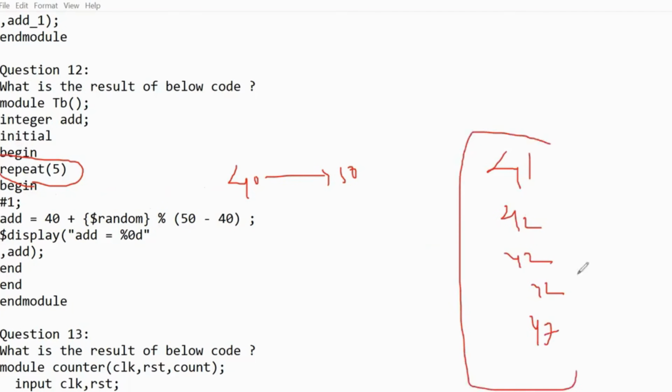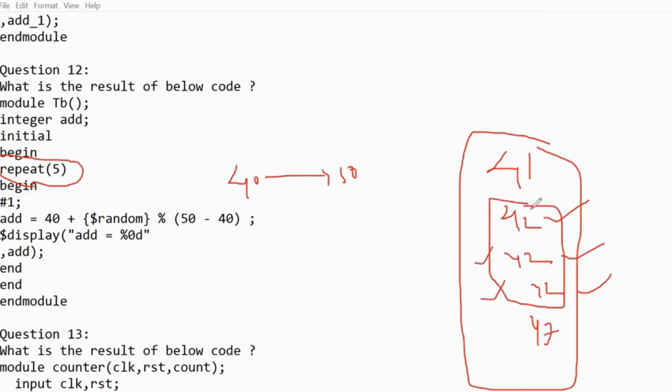But what happens here is 3 times the same value is repeating, so the number of scenarios is reducing. In place of these 3 values, if we generate 2 other different values, we'll get more scenarios. That is the disadvantage in Verilog.